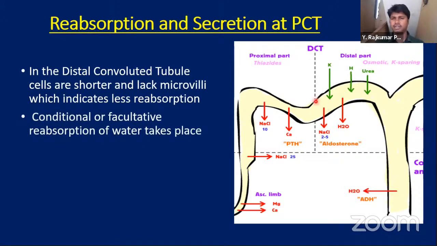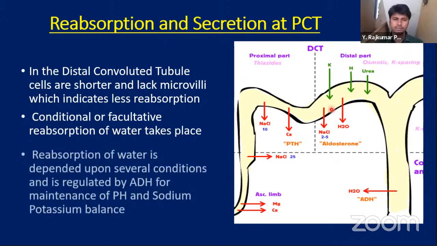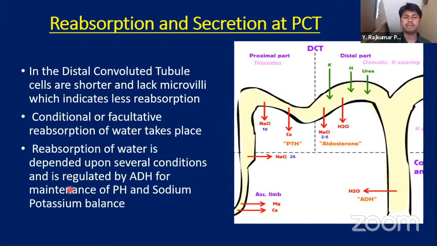Enzyme driven reabsorption takes place in the DCT whenever it is necessary. Conditional or facultative reabsorption of water takes place here. Conditional means that which is done by certain signals. Okay. Reabsorption of water is dependent upon several conditions and it is regulated by ADH. It is antidiuretic hormone, for maintenance of pH and sodium-potassium balance.